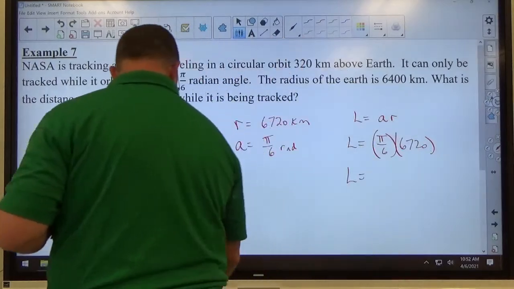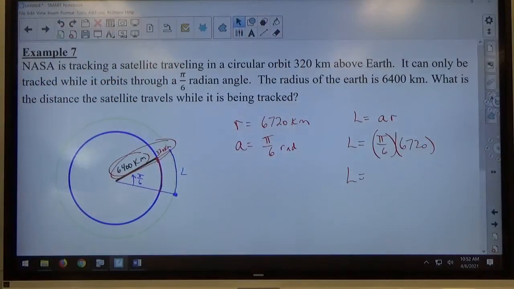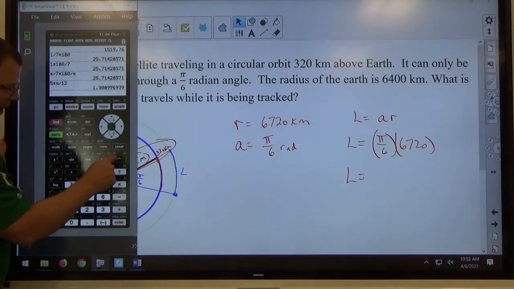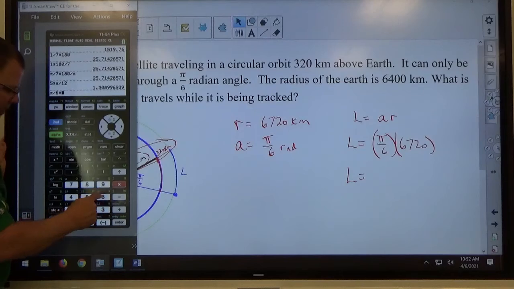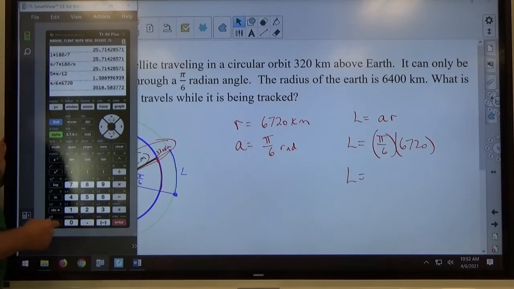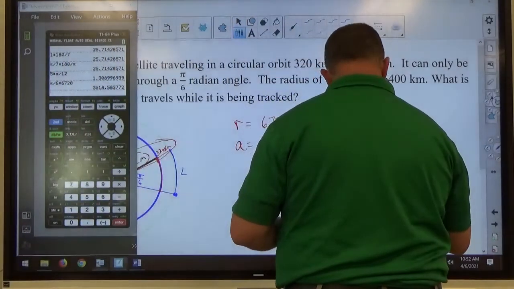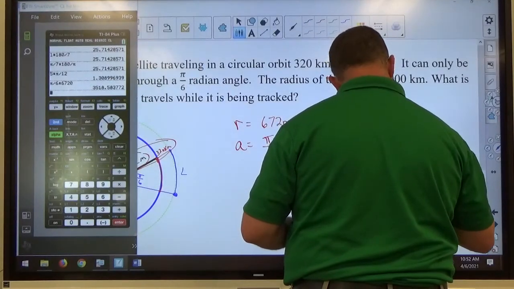And now I'm just going to punch this in the calculator. Again, pi/6 is a fraction, so pi divided by 6 times 6720. So I can type it just like that. Pi divided by 6 times 6720 comes out to 3,518.58. Let's go nearest whole number, so 3,519 kilometers.